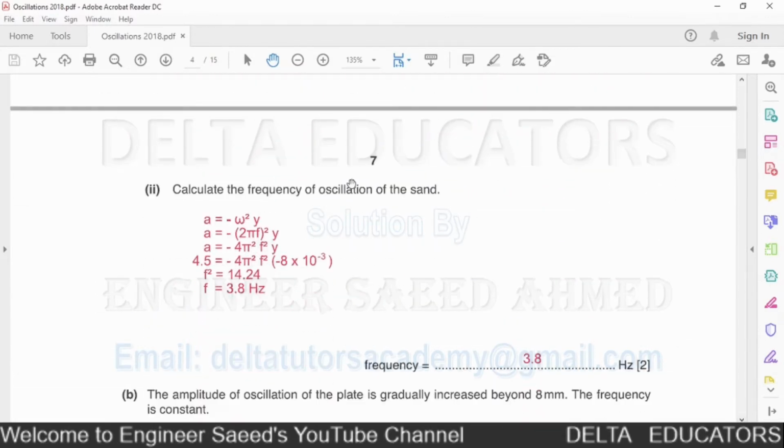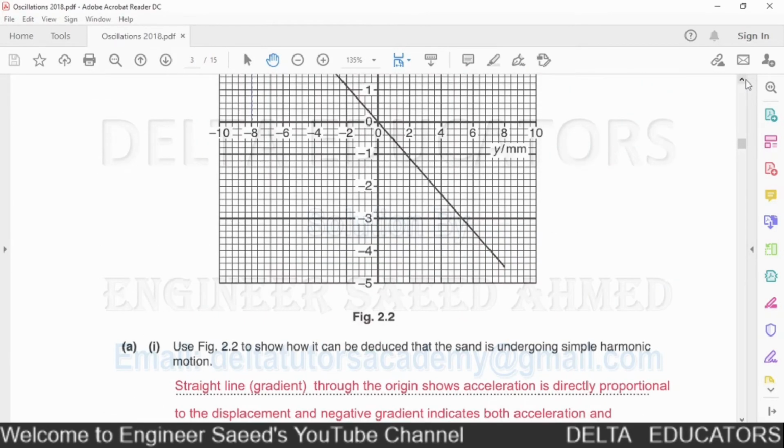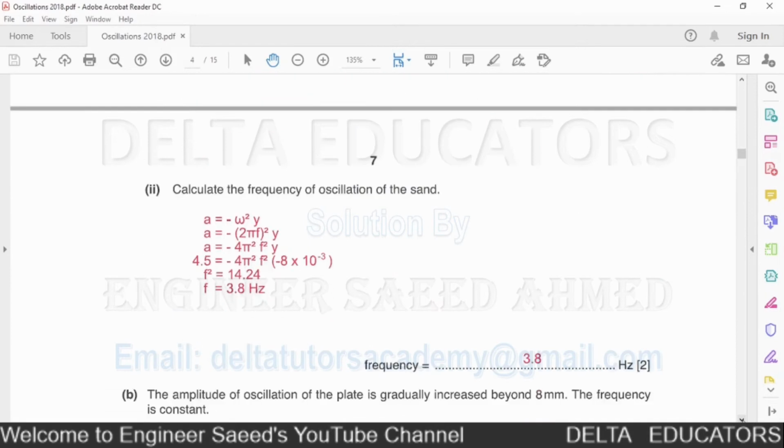Next part, calculate the frequency of oscillations of the sand. Acceleration is given as minus omega square x, where x is displacement. Here in our condition, the displacement is given by the alphabet y, that's why we have taken y in place of x.